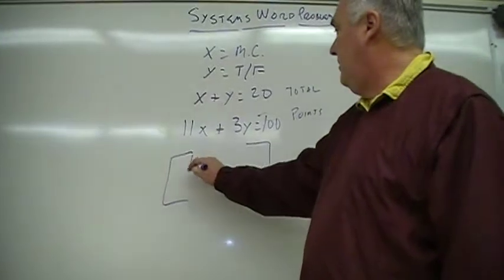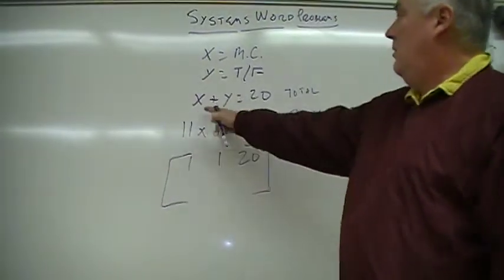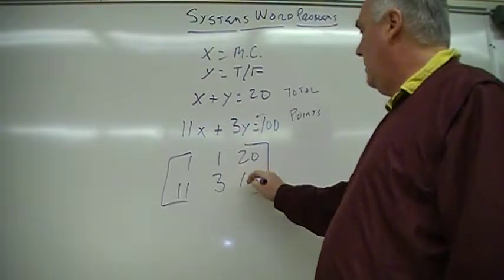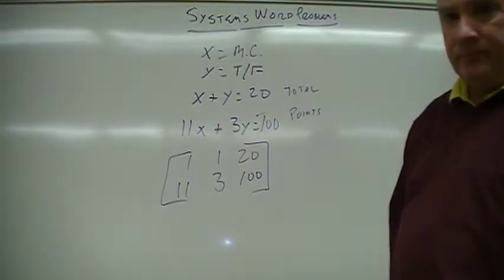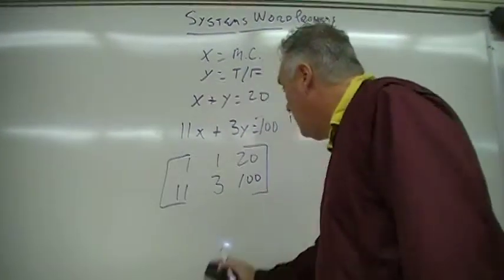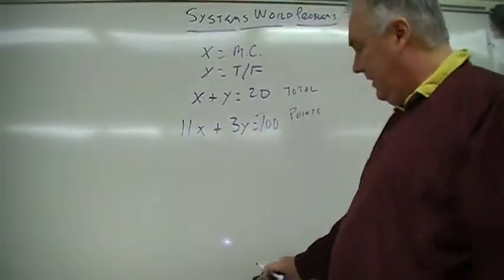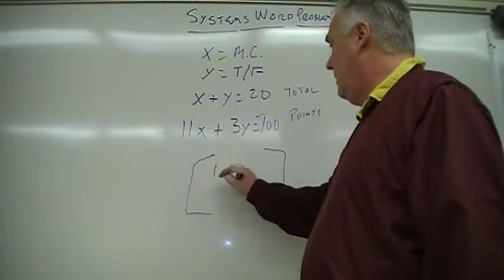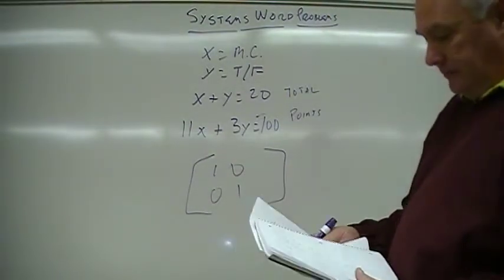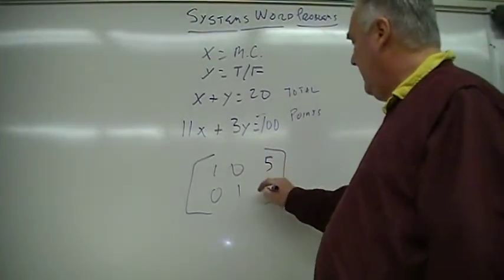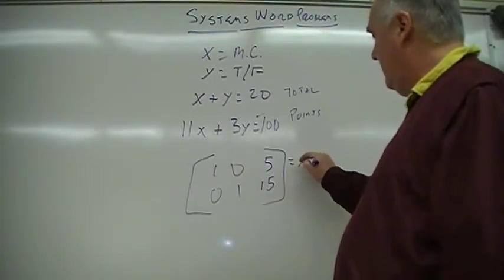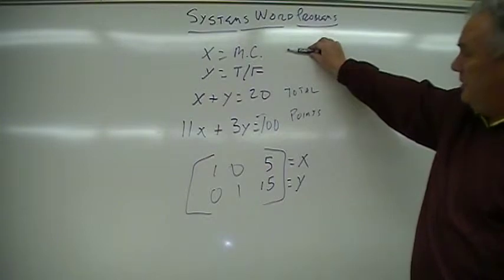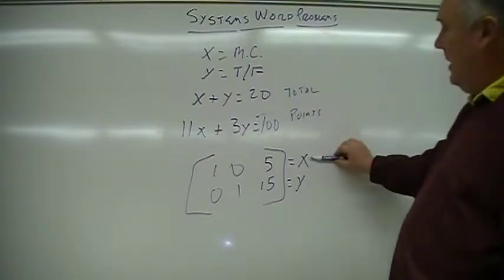The matrix will be 1, 1, 20, 11, 3, 100. RREF that, and you will get 5 and 15. For X, that was our multiple choice, so X is 5.